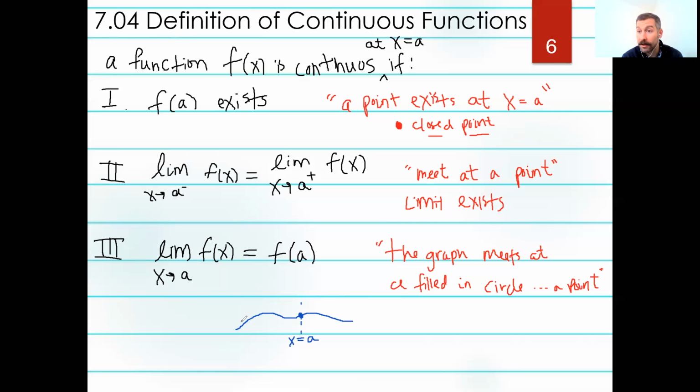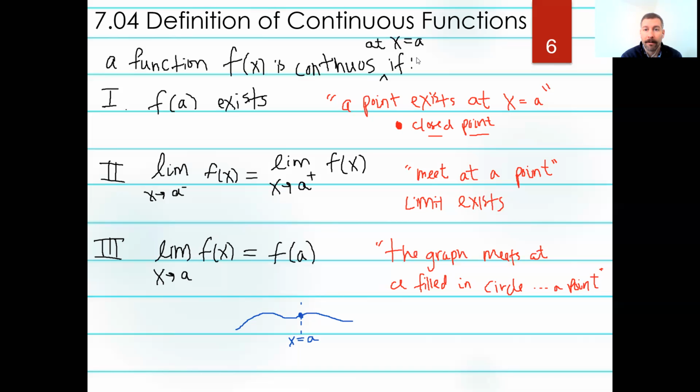This is a continuous function because not only is there a point that exists there, and not only does the limit exist, approaching the same number from both sides, but that point and the limit are located in the same spot. So that point is actually on our graph where the graph meets. This isn't crazy stuff. It basically just means it's a nice flowing, easy graph. The graph goes, hits some point and keeps going. It doesn't stop. It doesn't skip over a point. It just flows very fluidly.